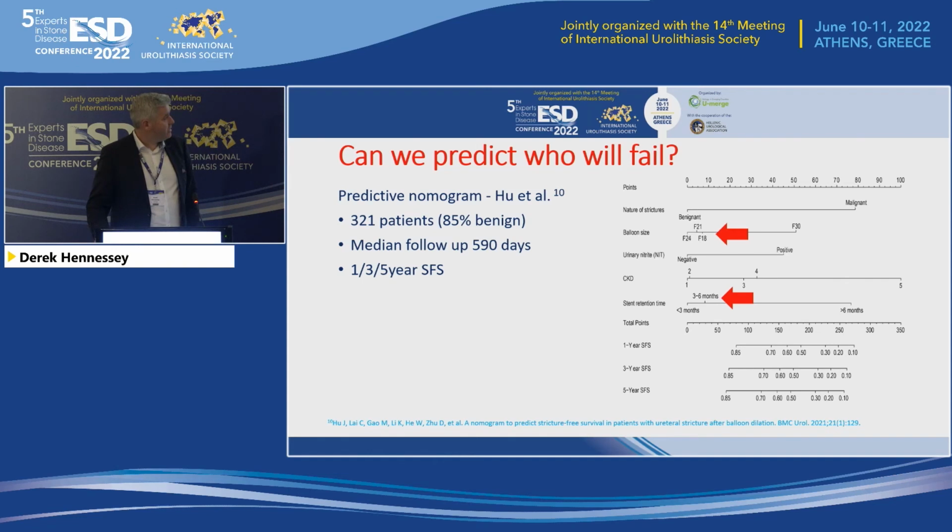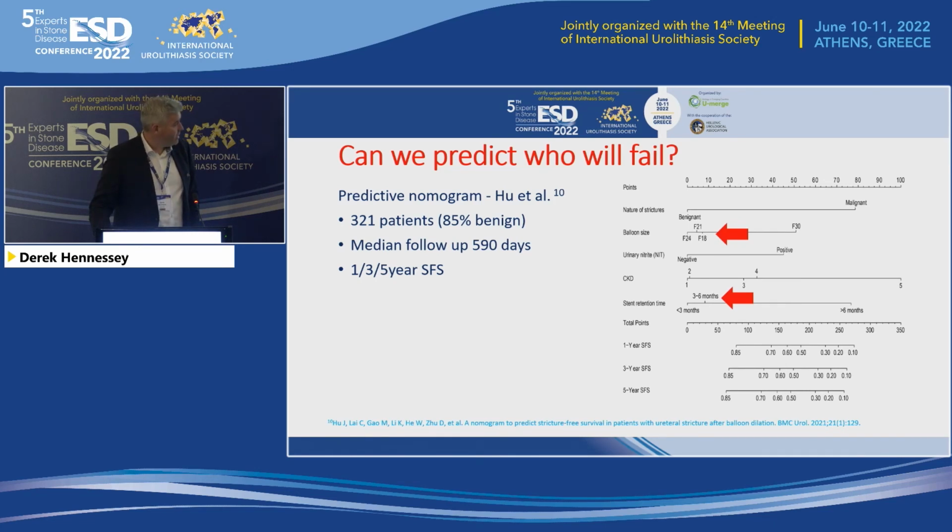The balloon size, a very large balloon of 30 French, was associated with a higher score and an increased rate of failure. Presence of nitrites in the urine, which would again be suggestive of or predict a urinary tract infection, will increase the chances of failure. Chronic kidney disease, so this goes back to that paper from the early 2000s, which showed that if the kidney has a poor split function, their success will be poor.